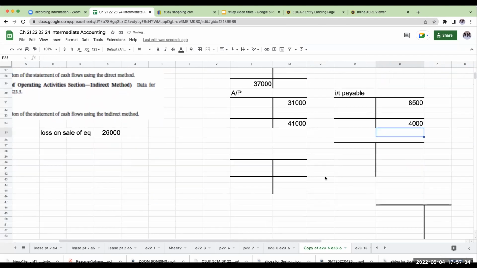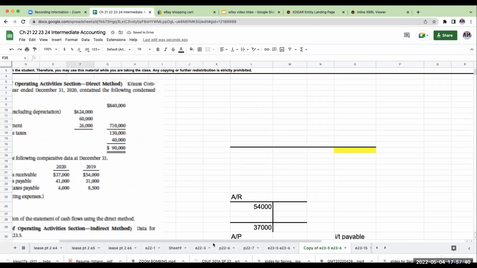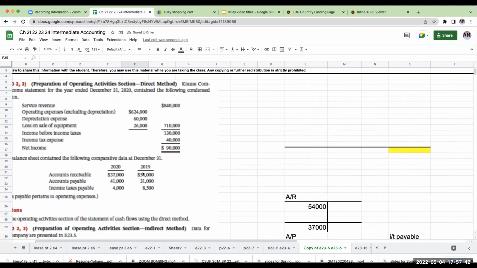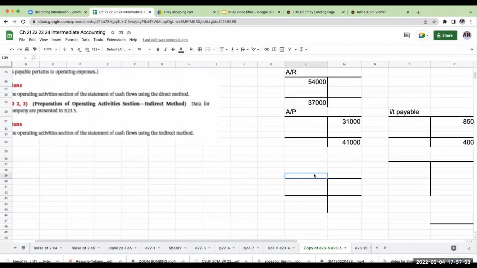In addition, we're going to look at some other accounts as well. If we were doing a traditional question, we'd only be asked to do the operating section, but let's have some fun with this anyway. Right over here, net income. Where does net income typically go?